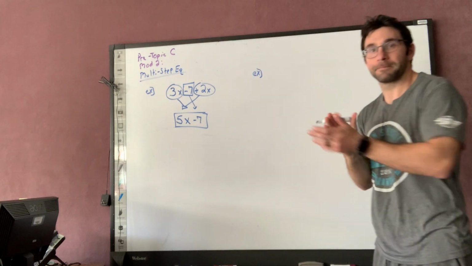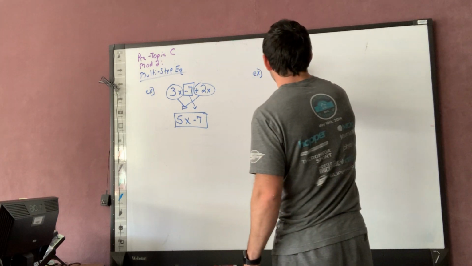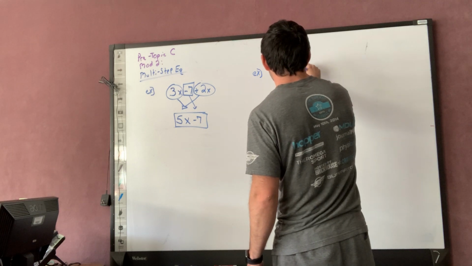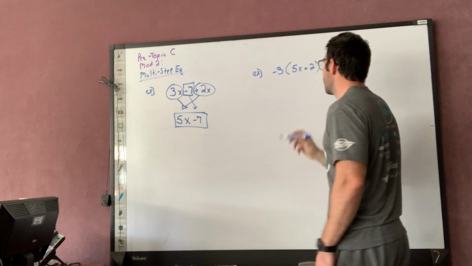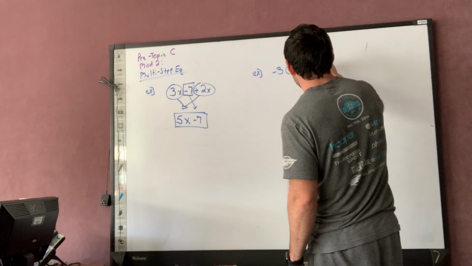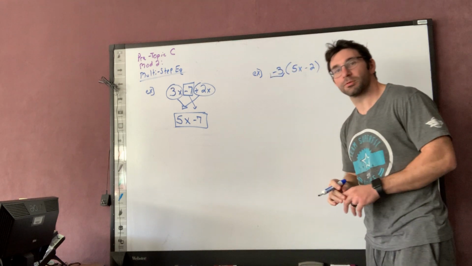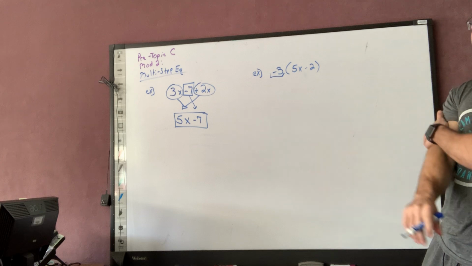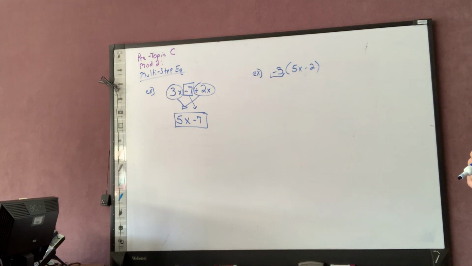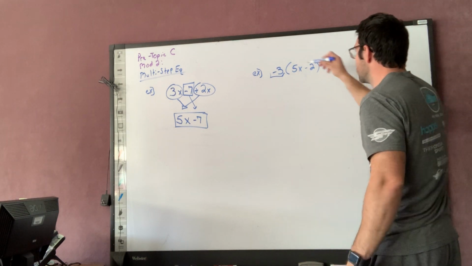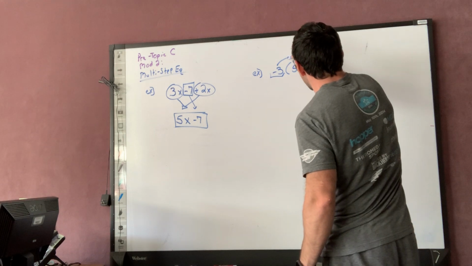Then we said, okay, let's distribute. Well, let's say we've got a negative 3, 5x plus 2. Actually, let's make that a minus 2. So now I'm taking this negative 3. Distribute means take whatever directly in front of the parenthesis, the term and the sign, and multiply it to everything in the grouping symbol. So negative 3, and I multiply.